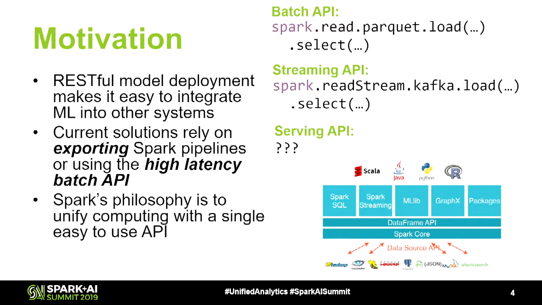And so a lot of the systems that exist today for deploying models on Spark rely on either exporting Spark pipelines or using the existing high latency batch APIs. And both of these have problems in their own right. Exporting requires you to do double duty on the dev front. You not only have to code the model, but you have to code it in whatever export language you have. And the high latency batch API, well, it's high latency, so you're not going to get great performance.